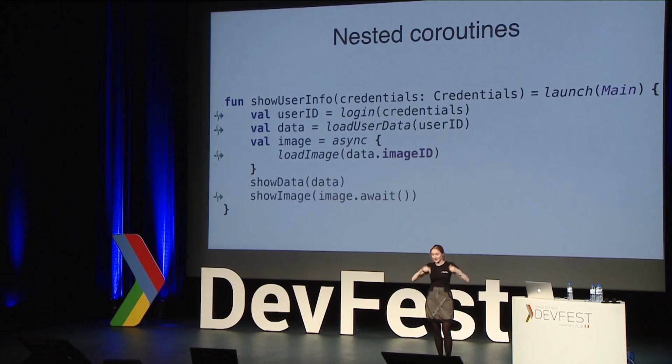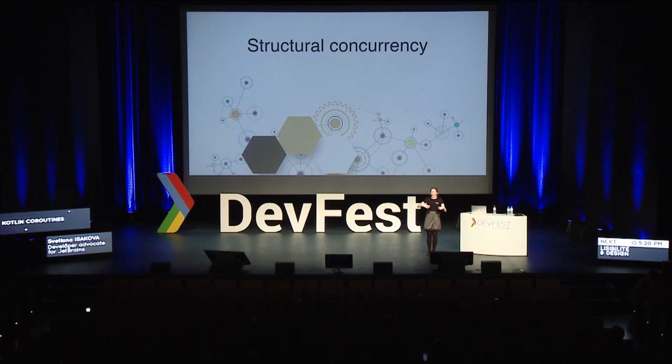The solution to this was finally introduced in a very recent update to Kotlin Coroutines. Before, the general advice was that you have to handle it manually. However, now there is this concept of structured concurrency, and it also changes a little bit how you write your code using coroutines.